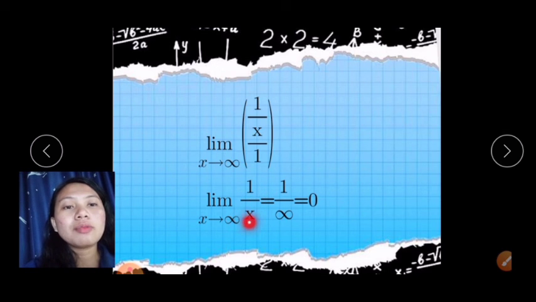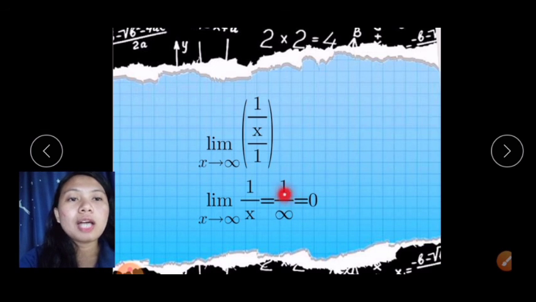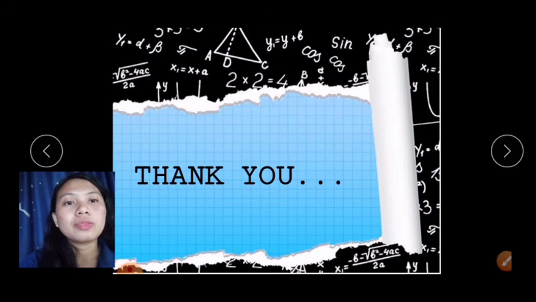So we substitute x with infinity. So we have 1 over infinity. So the answer of 1 over infinity is equal to 0. So this is the final answer of example number 2. Thank you.